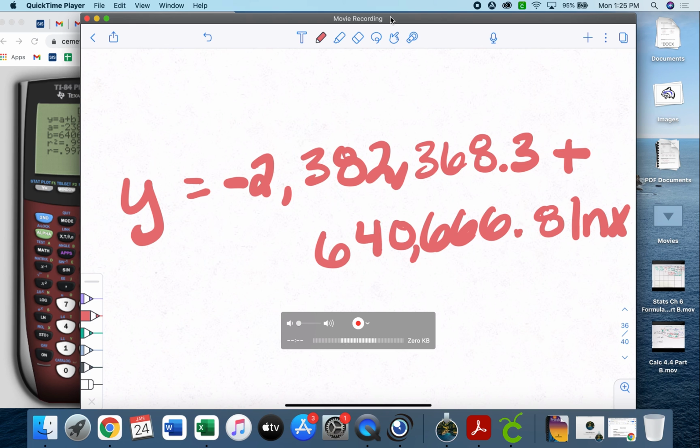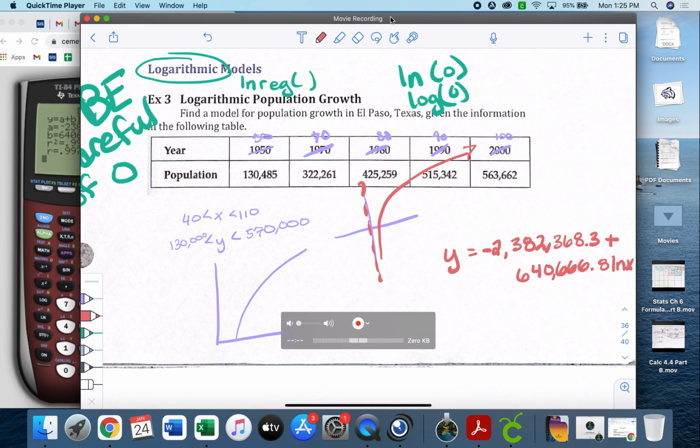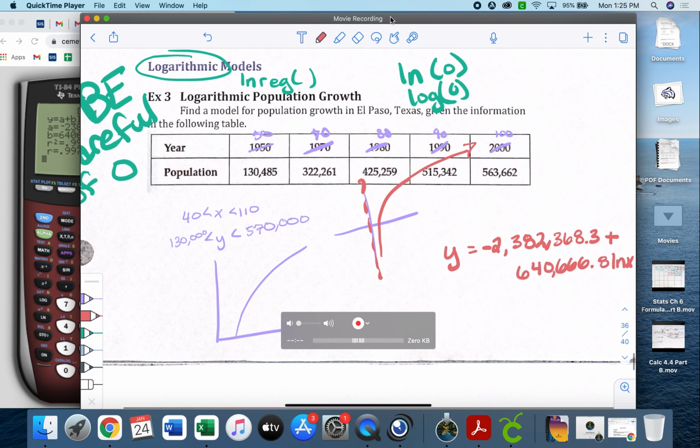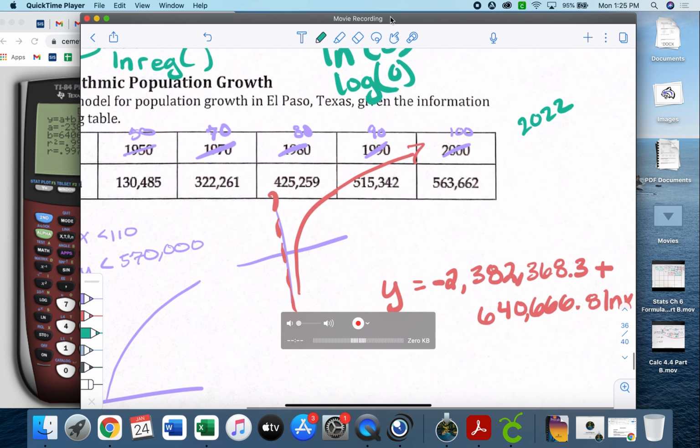Now, let's suppose they want us to find, they don't, but let's just talk about it because they will on your homework assignment, the year 2022. We're not going to plug 22 in. It's 122. 1900 is year 0, right?